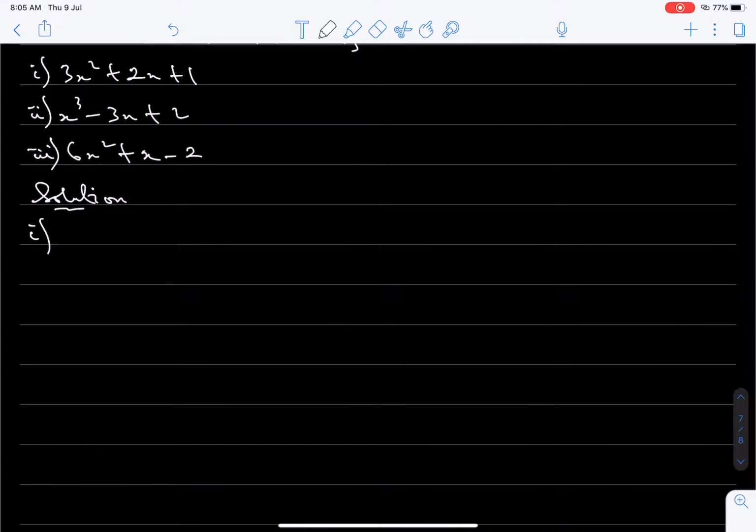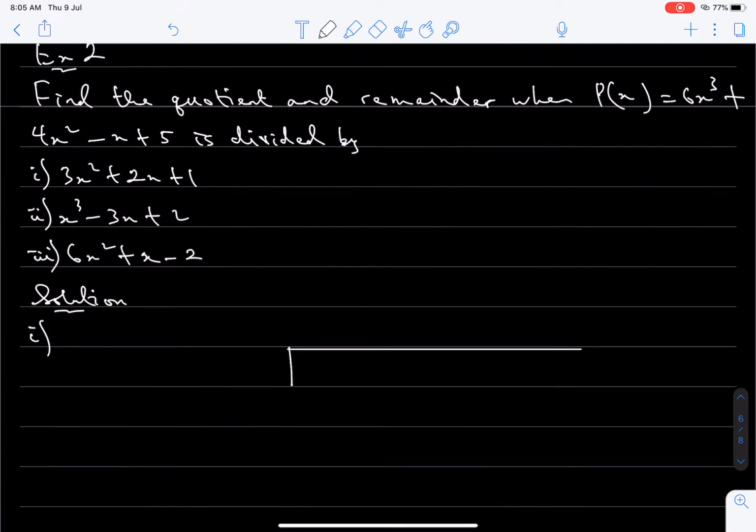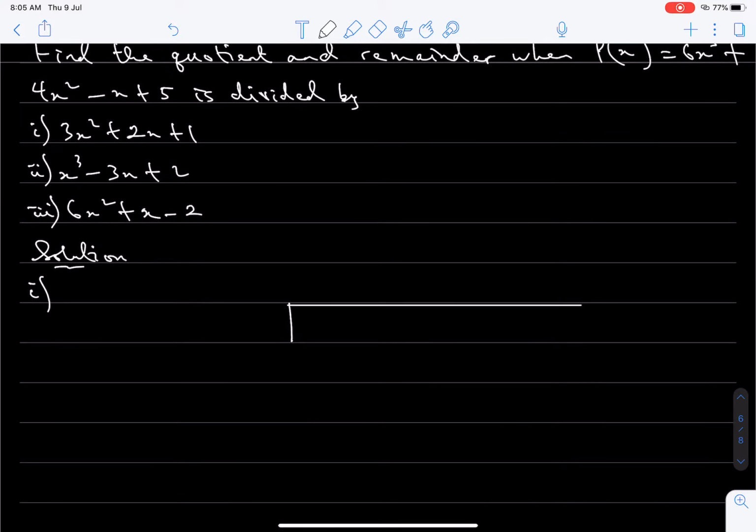The first one, we are using the long division method. The polynomial is 6x cubed plus 4x squared minus x plus 5, and we are dividing it first by 3x squared plus 2x plus 1.